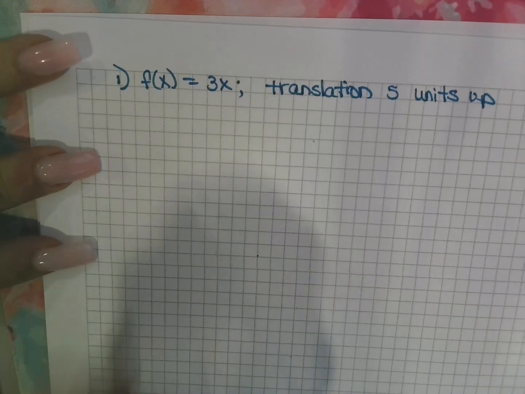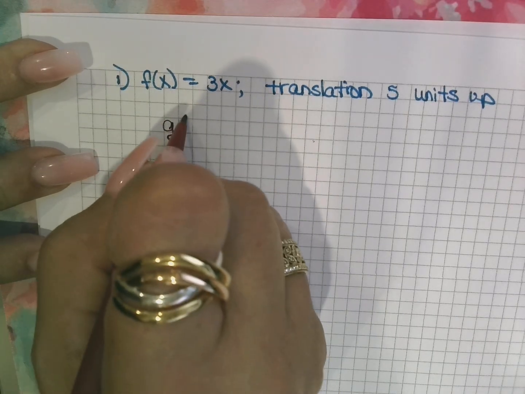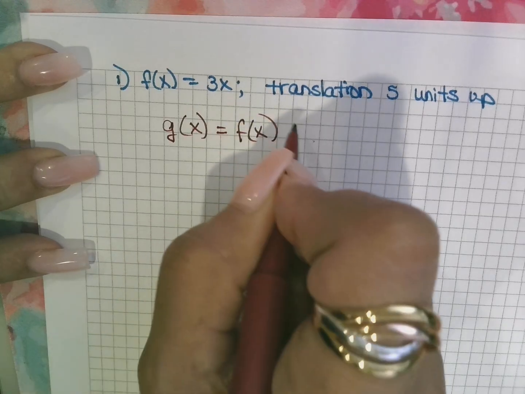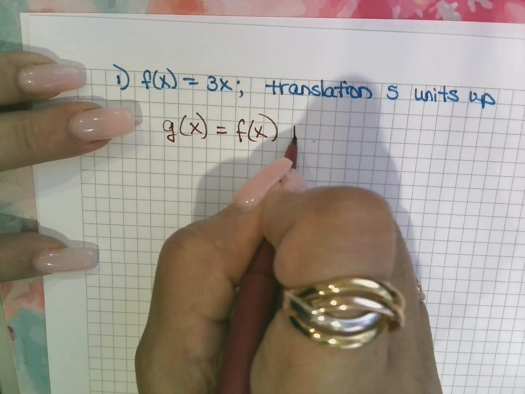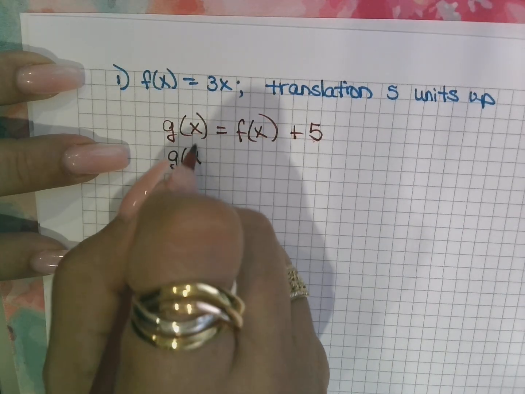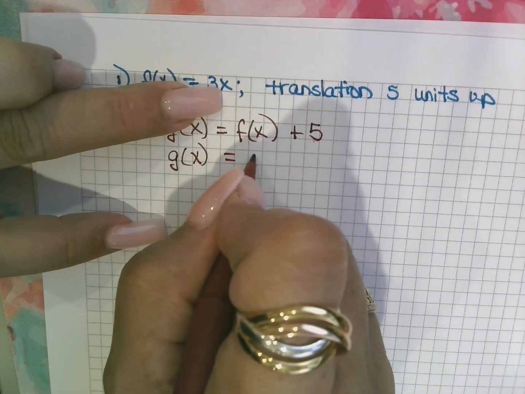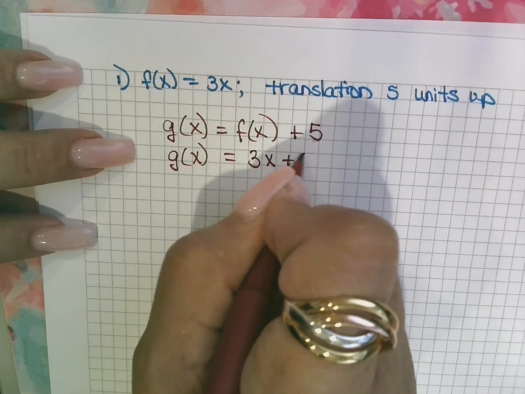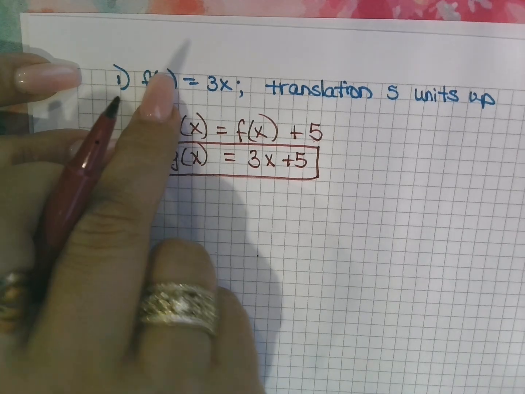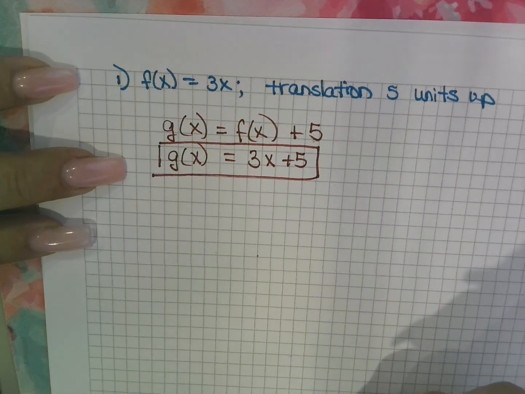All right? So that means g of x equals f of x, the original, plus 5. So that means g of x, whatever f of x is, which is just 3x, plus 5. So this guy is this guy shifted 5 units up.